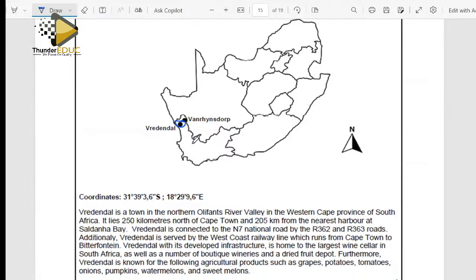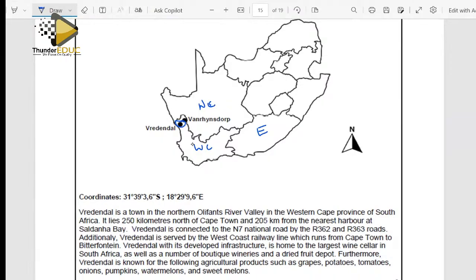This is our Western Cape, and this is the Northern Cape, and this is the Eastern Cape. Right. So we want a province to the west of Vredendal, the province which is to the west of Vredendal.